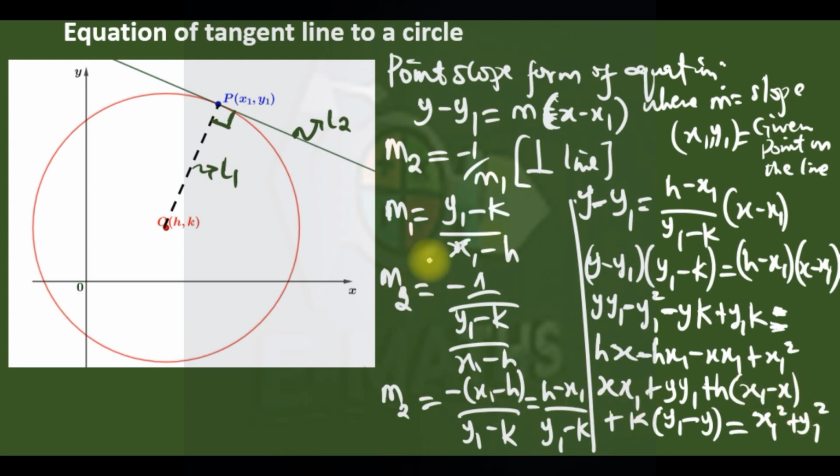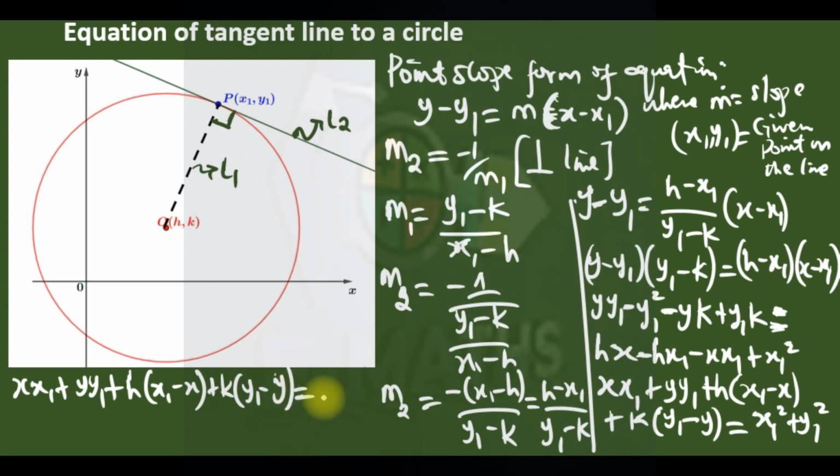So that's the equation, and it is simple. Let me write it here: x1 x plus y1 y plus h times x1 minus x plus k times y1 minus y equals x1 squared plus y1 squared.